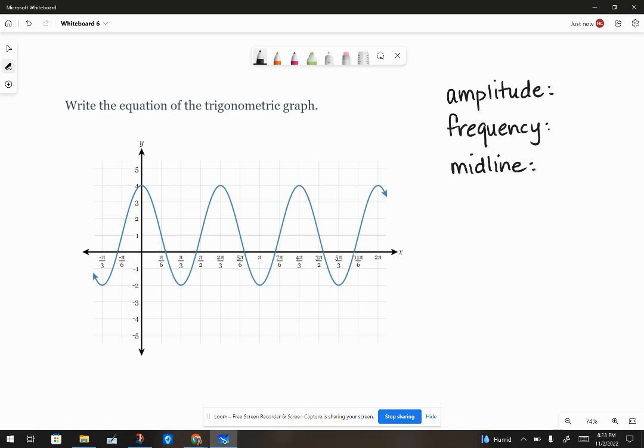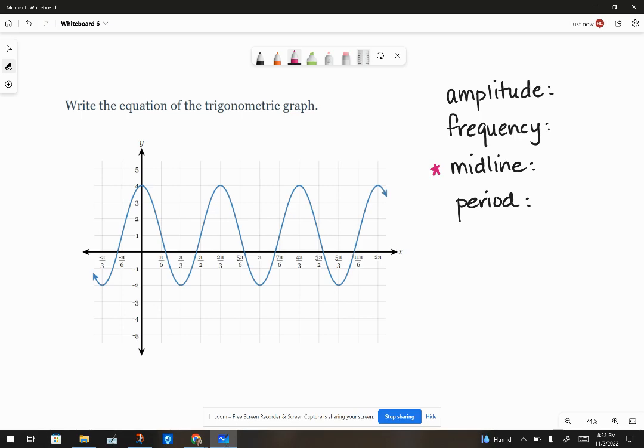And period needs to be given to us to be able to find B, right? Okay, so I always tell students that when looking for information from a graph, always start with your midline. That's always the easiest thing to look for.